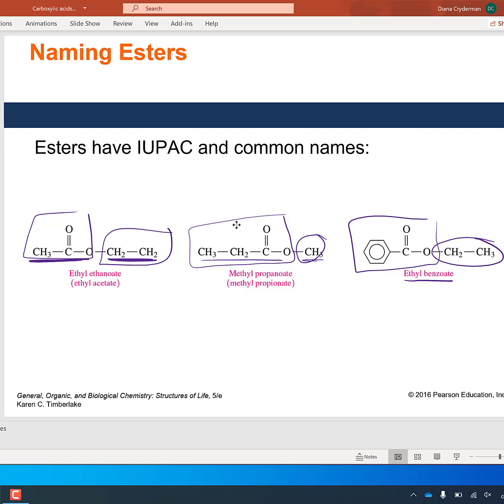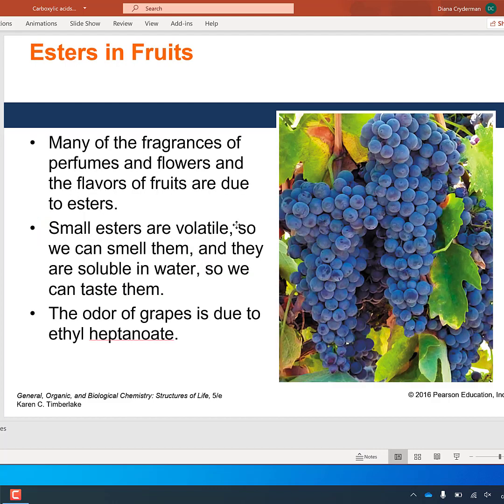Okay, let's talk about some of the properties of esters. Of course, we've already hinted towards the fragrance and perfumes that esters play a role in terms of fruit and flowers. And the reason why we can smell them so easily is because they are volatile.